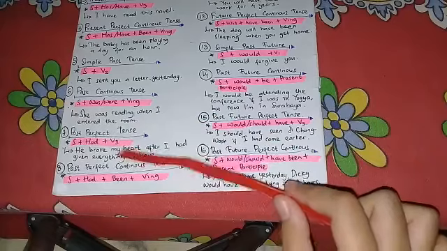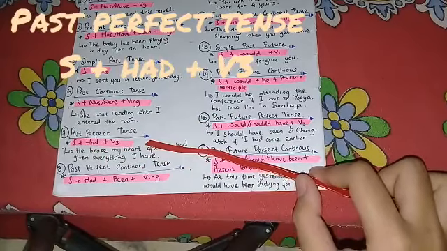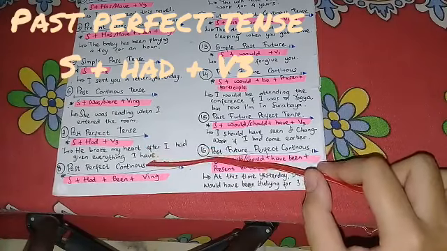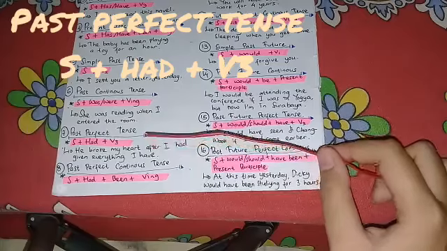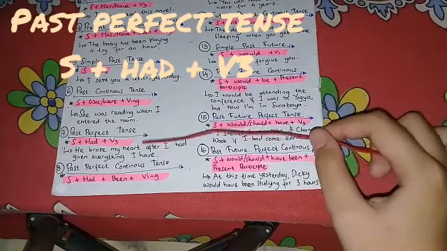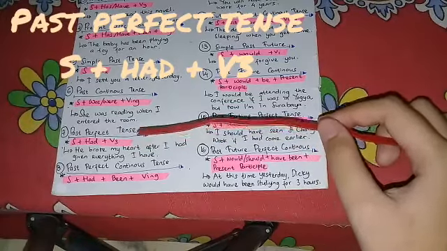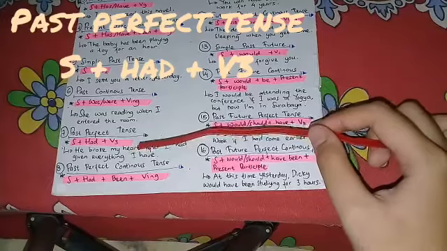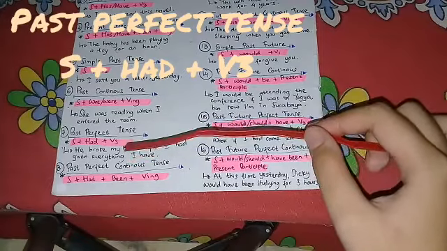Number 7, past perfect tense. It is used to show events that occurred before a certain time in the past and puts more emphasis on the result of the duration of the event. Usually it is used to indicate which event occurred first between 2 events that occurred in the past.